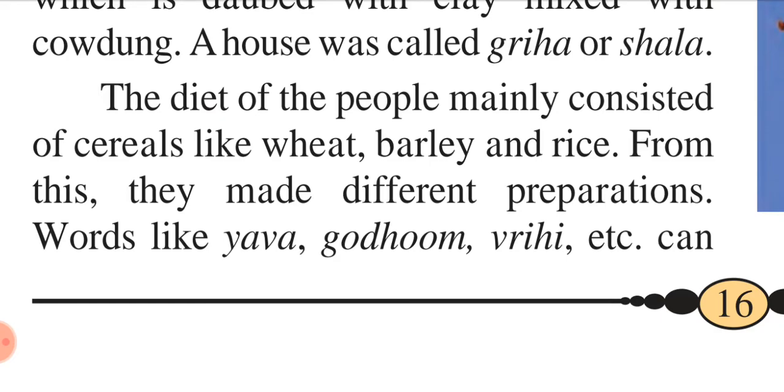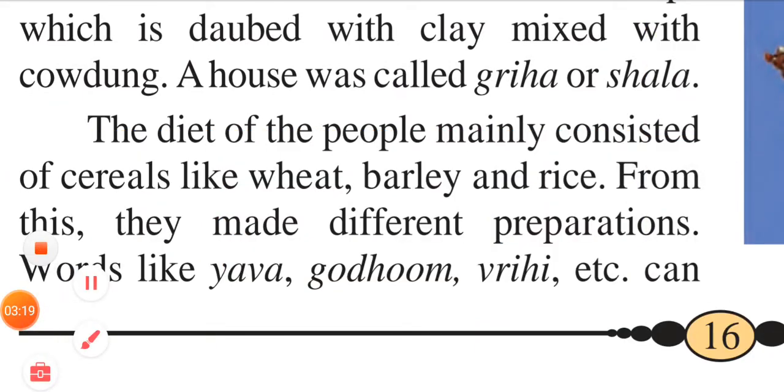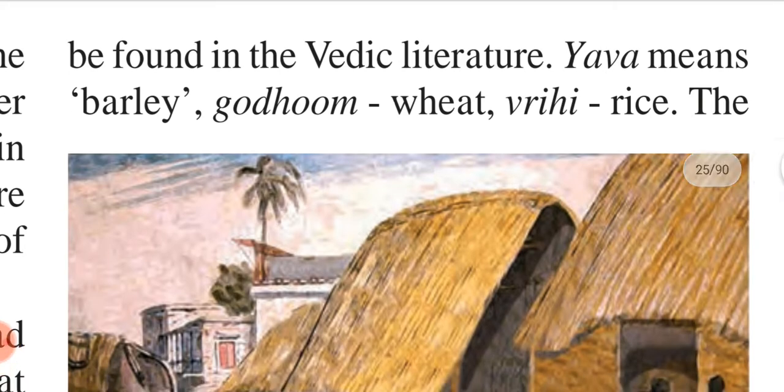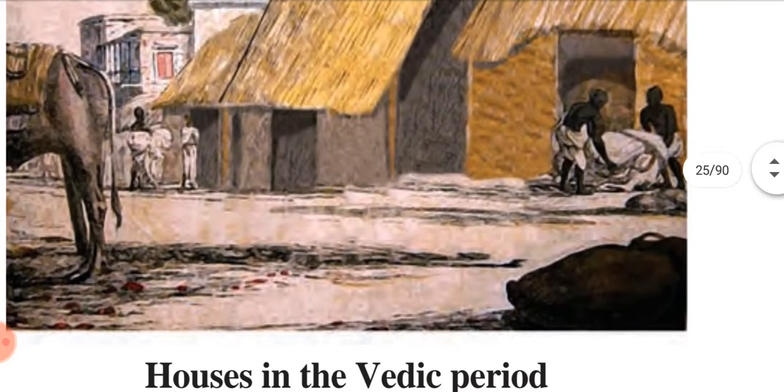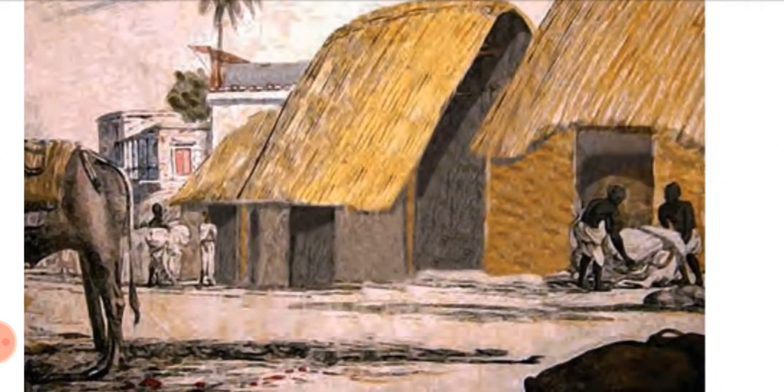Words like yava, godhum, vrihi, etc. can be found in the Vedic literature. Yava means barley, godhum means wheat, vrihi means rice. See here how the houses in the Vedic period were made.